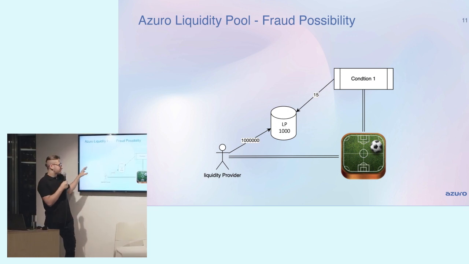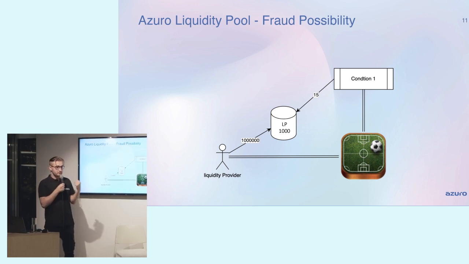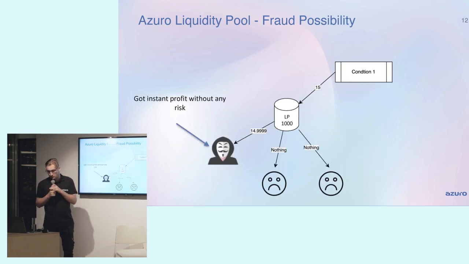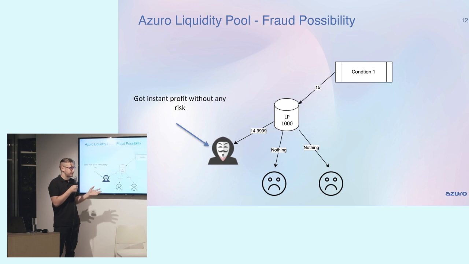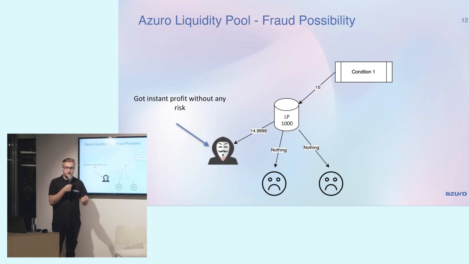You can put some huge amount of liquidity into the pool, and then instantly after this event is finished, you can withdraw your money and steal almost all the profit from other liquidity providers, and without any risk, because you put in liquidity just one moment before the event finished.